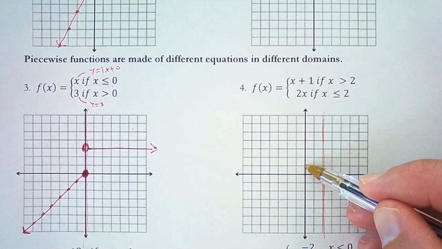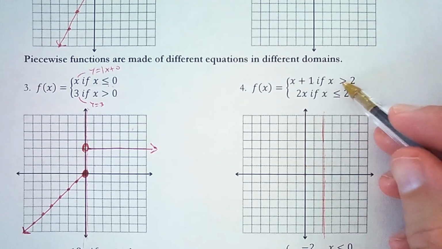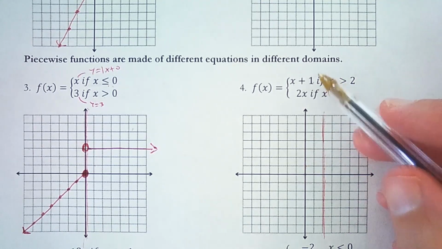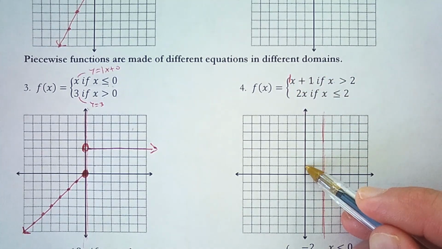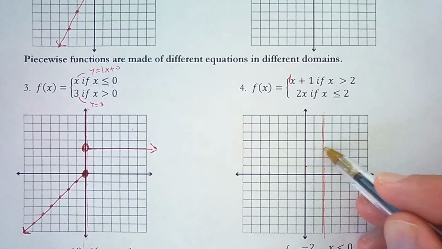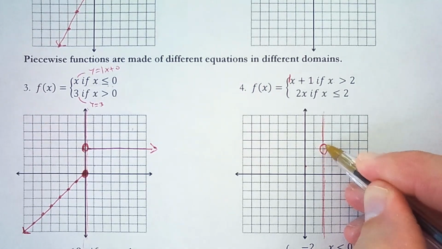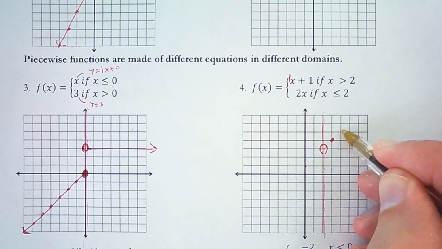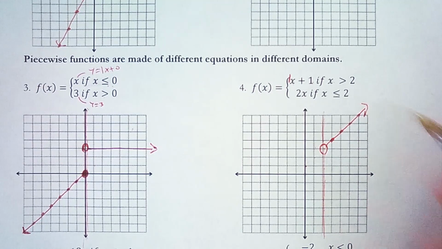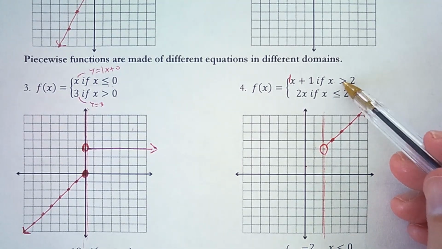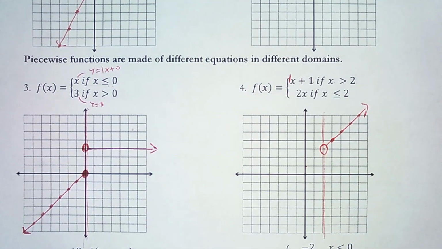So it would cross the y-axis right here, but that's not inside the domain where x is greater than 2. So what I need to do is follow this slope of 1 from the y-intercept, up 1, right 1, up 1, right 1, and now I'm at the domain. So I'm going to say this is my starting point, and I'm going to continue up 1 and right 1, and that's what the graph looks like. And it is greater than but not equal to, so I'm going to leave that open.